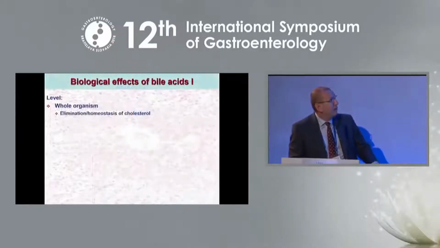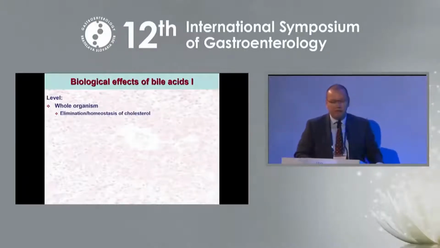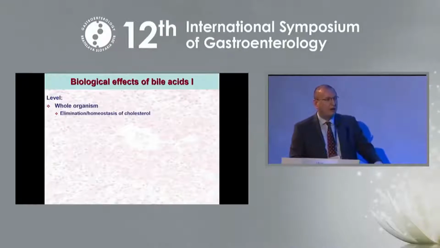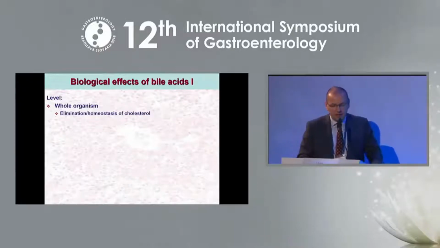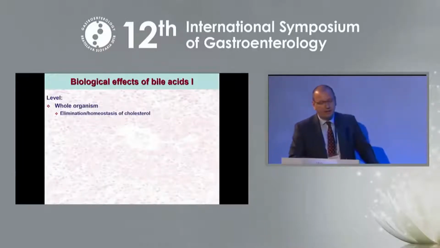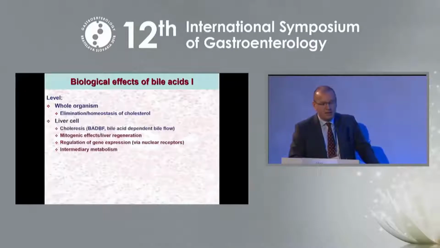On this slide, I would like to summarize what we know about biological effects of bile acids. We can subdivide them into effects on different levels. On the level of the whole organism, bile acids are responsible for elimination or homeostasis of cholesterol.